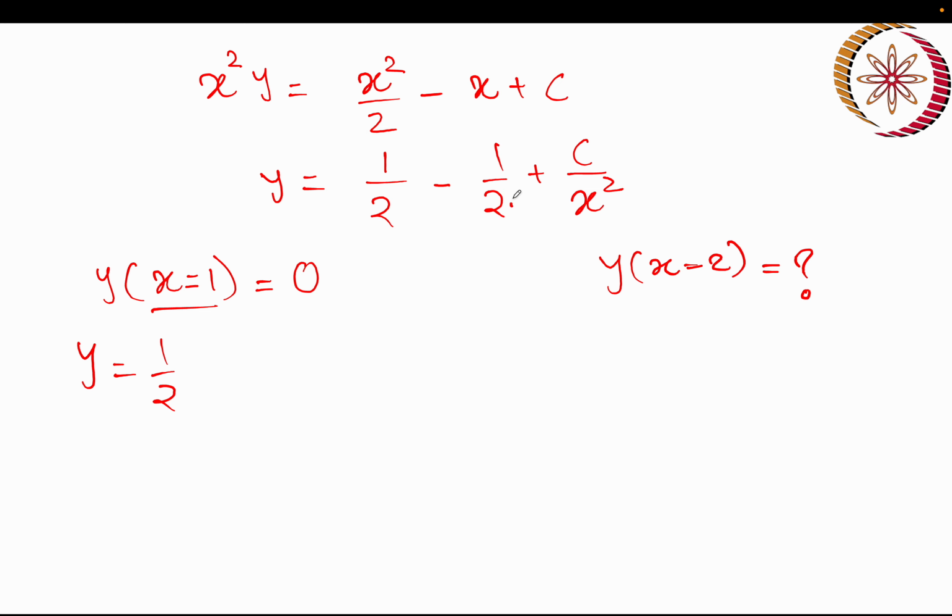So if we substitute x is equal to 1 in this equation, we get half minus 1 plus c, and y is equal to 0.